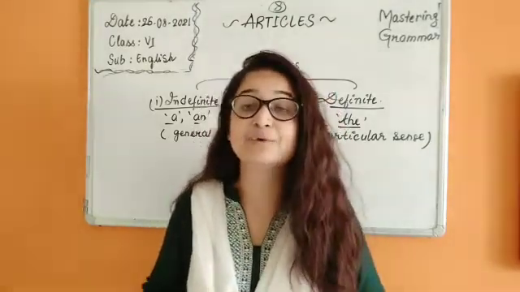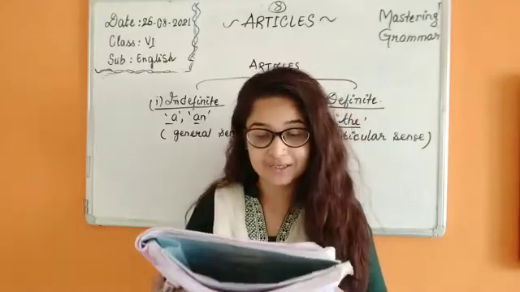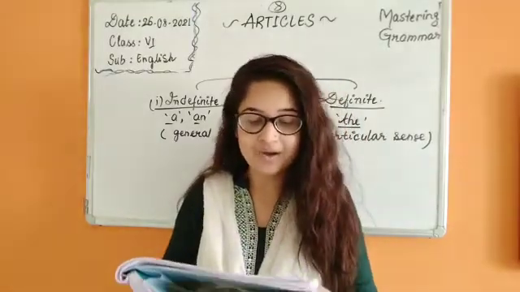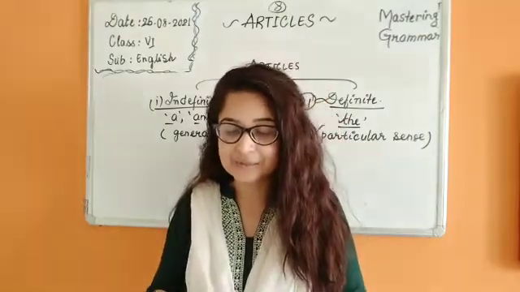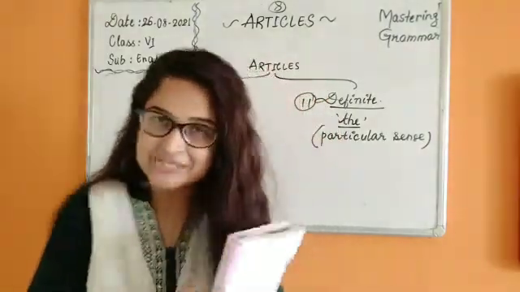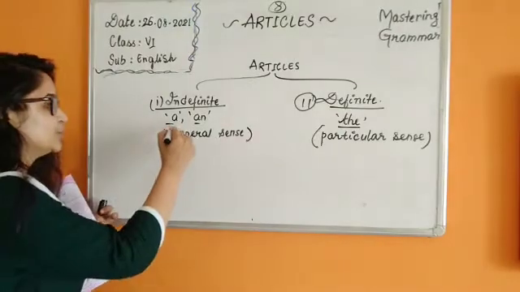They come before singular common nouns. A is used before a singular countable noun that begins with a consonant sound. Children, you have to remember this for both of them.